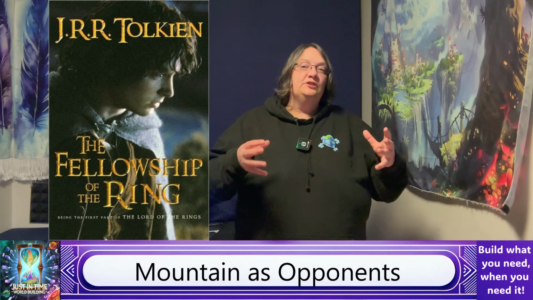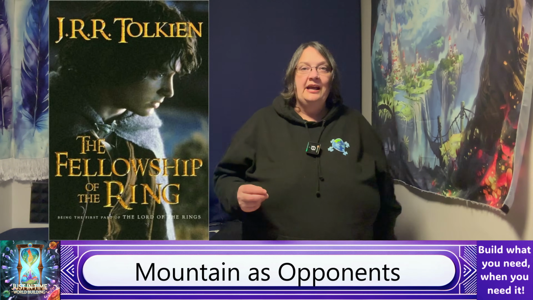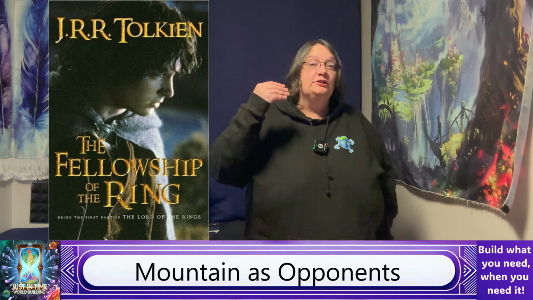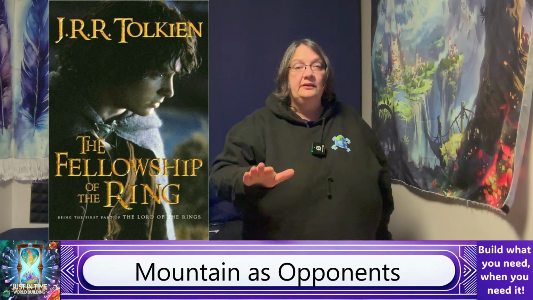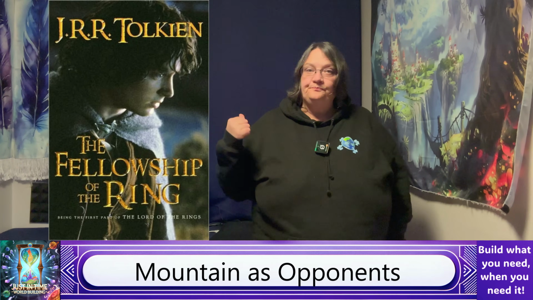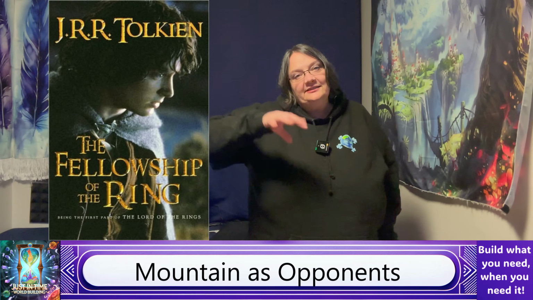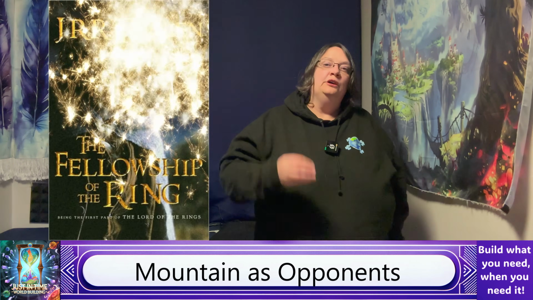So here, the mountain serves two narrative purposes. It's an antagonistic force, and it creates a story decision. Go under or go back. That's the kind of landscape storytelling that adds texture and tension to your plot.